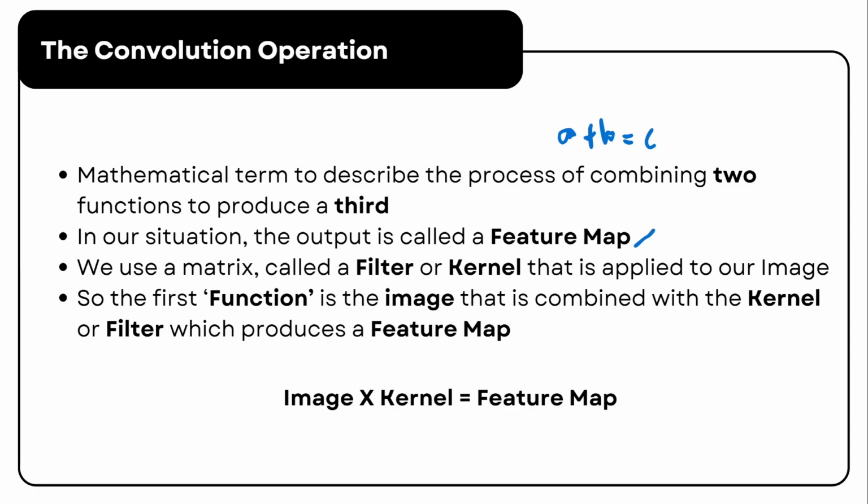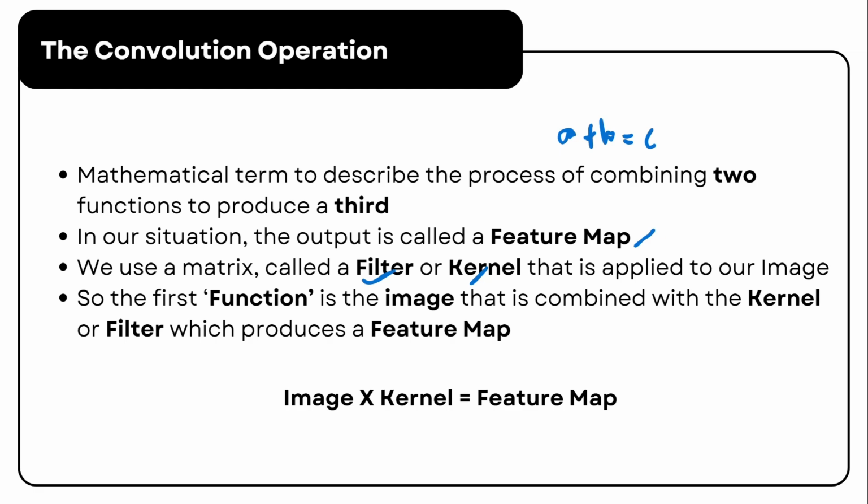And we'll get to feature maps shortly. So we use a matrix called the filter, or kernel, which is applied to our image.